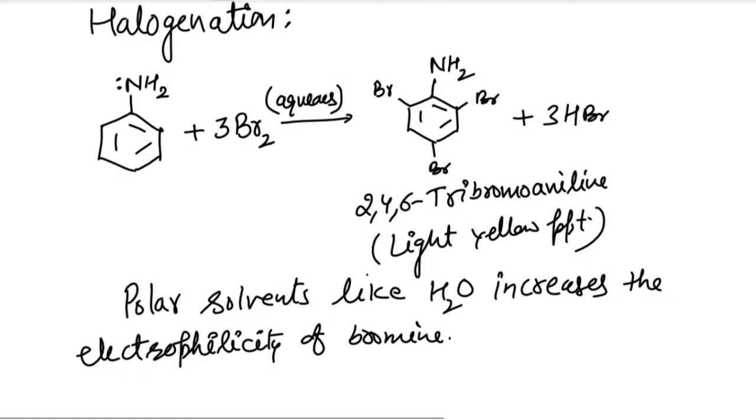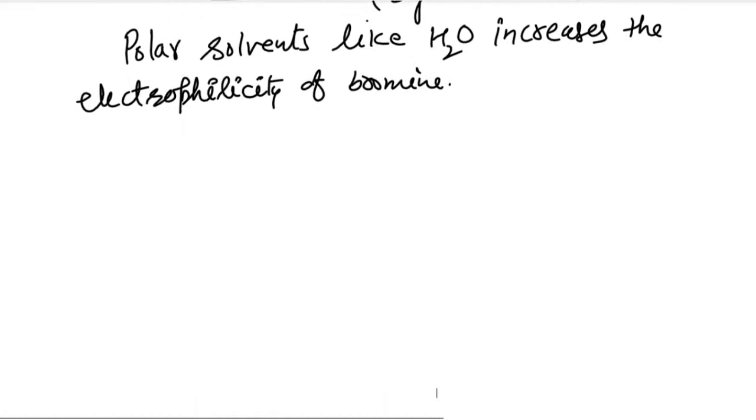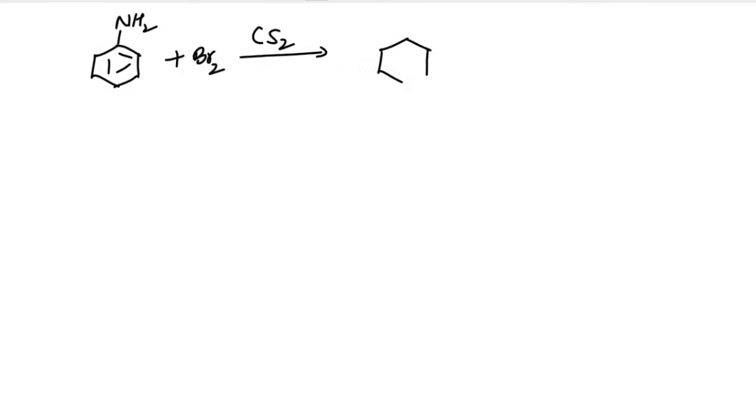But if we have a non-polar solvent like CS2, then only ortho and para products are formed. See, aniline with bromine in the presence of non-polar solvents like CS2 or CCl4, in the presence of non-polar solvents, the electrophilicity of bromine is relatively less.